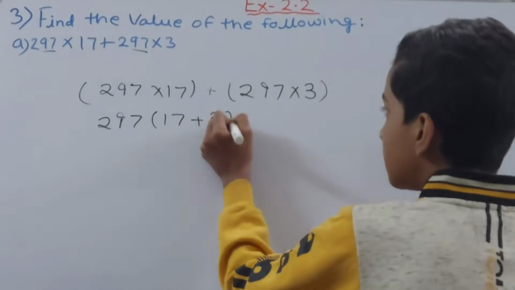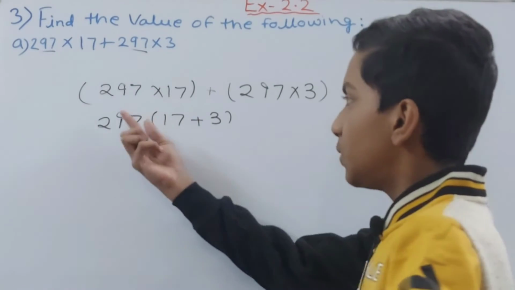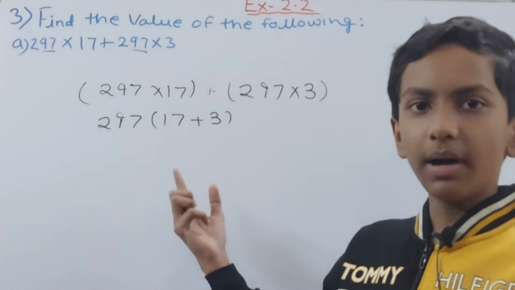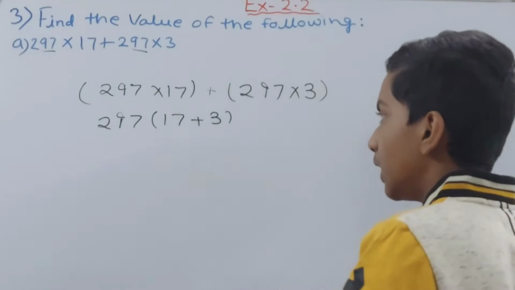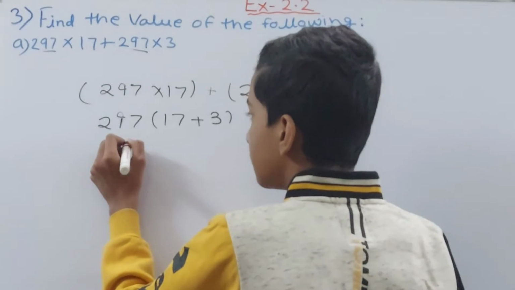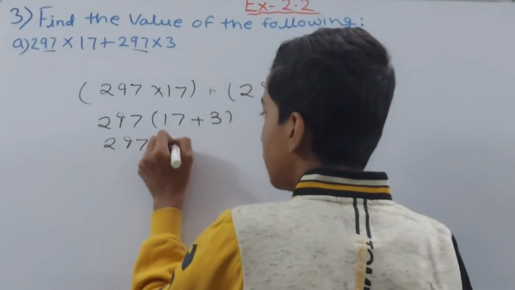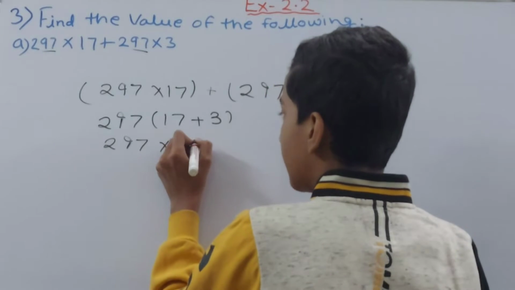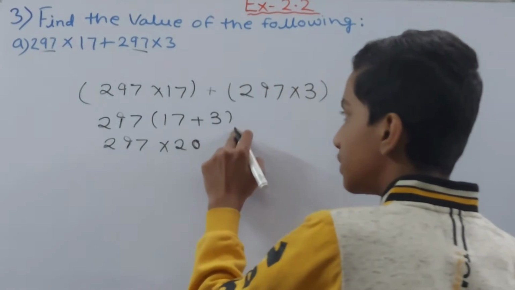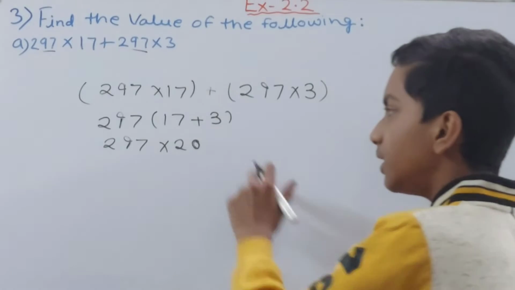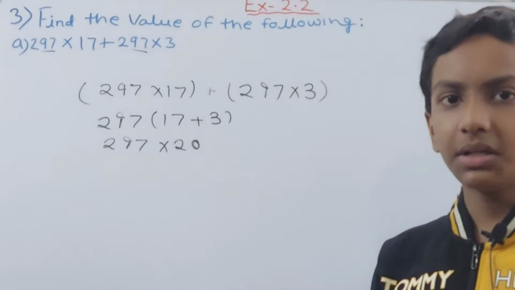So 17 plus 3. Now this means that 297 will be multiplied by 17 plus 3, that is 20. So 297 into 20. So this bracket means a multiplication sign. 17 plus 3 is 20, so multiplied by 20, right?